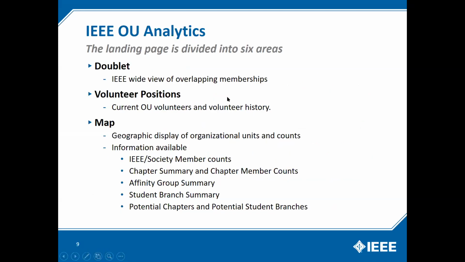You also have the students dashboard, which is basically a list of all the attending students by section and school. The doublet is also something you might find valuable. It gives an IEEE-wide view of overlapping memberships. So if you wanted to see, in your area, how many of your chapter members also belong to, say, Young Professionals or Women in Engineering or a different society, you can see the overlapping memberships by using the doublet dashboard.